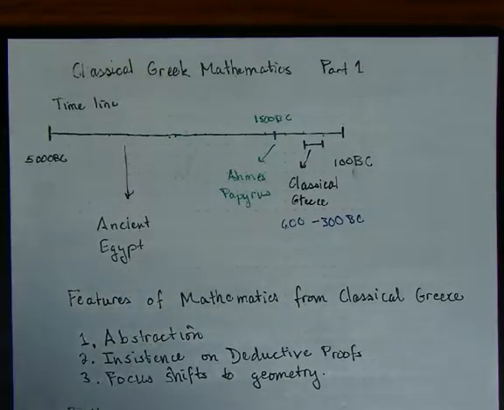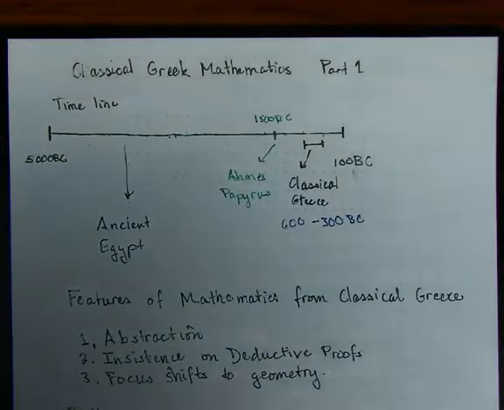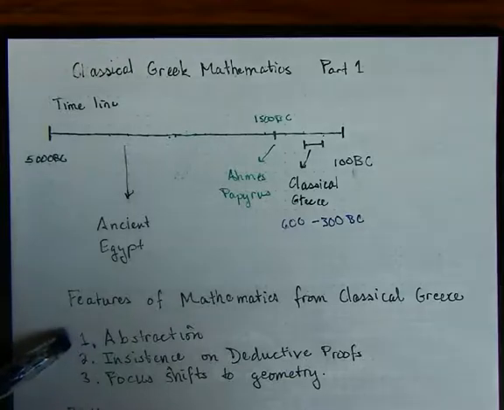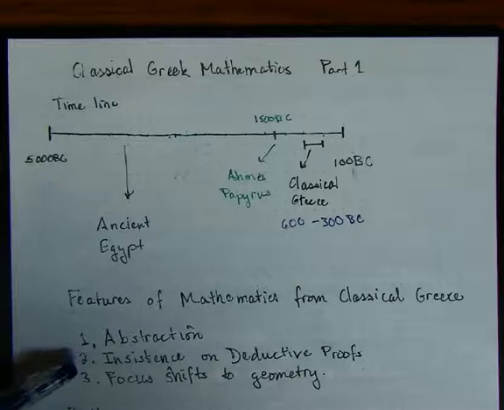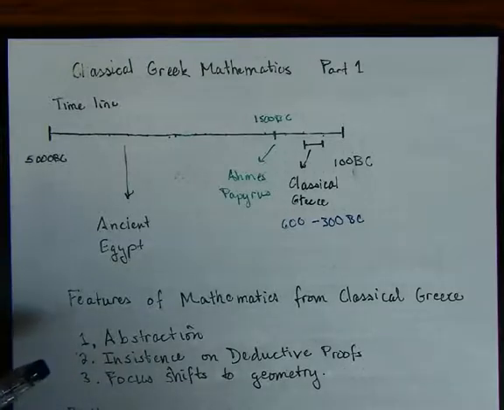There are several features that distinguish the mathematics of classical Greece from the mathematics of Egypt. One of them is abstraction, and another is insistence on deductive proofs. As we saw with our work on problems from the Alms Papyrus, the work of the ancient Egyptian mathematics was focused on specific examples.